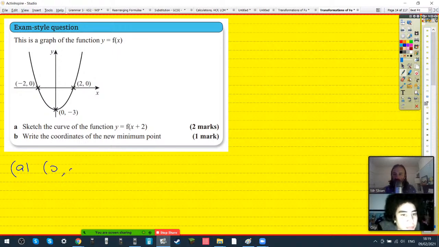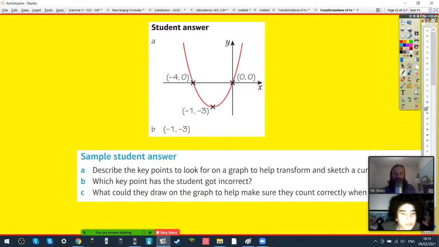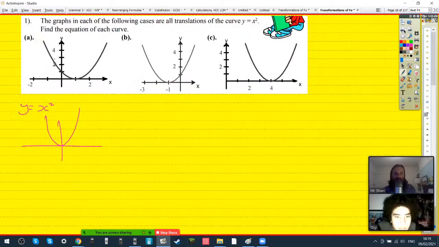Well done. Coordinates for the one at the bottom would be 2, -3, and the coordinates for the one on the right would be 4, 0. That's great. And this one is part B. Great. Let's see this one. That's fine.